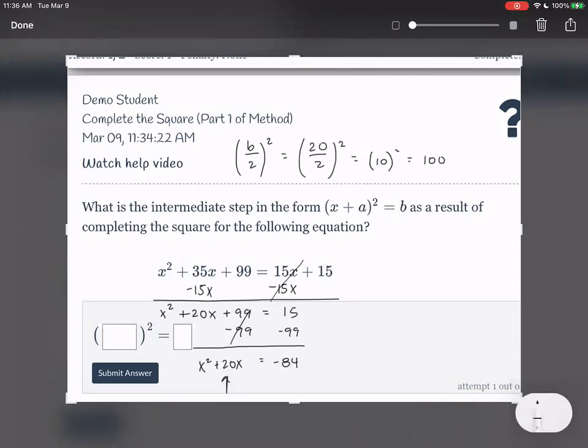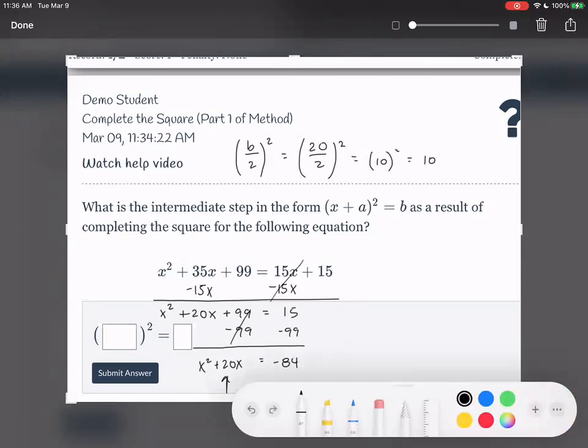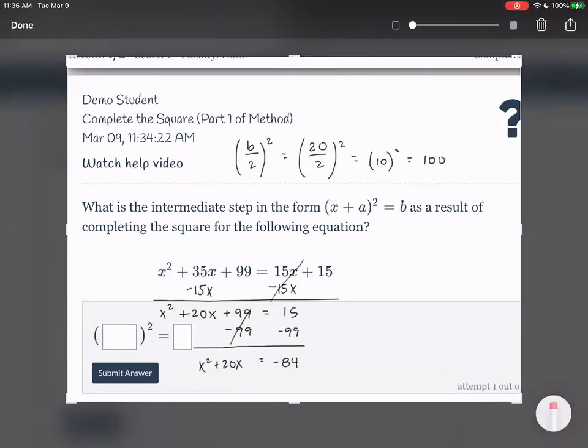So I will be adding 100 to both sides. Oops, I didn't need to do that. I'm going to erase this. Let's add 100 to both sides. So the 100 is equal to negative 84 plus 100. Let's rewrite this over here. And then what is negative 84 plus 100? That's 16.